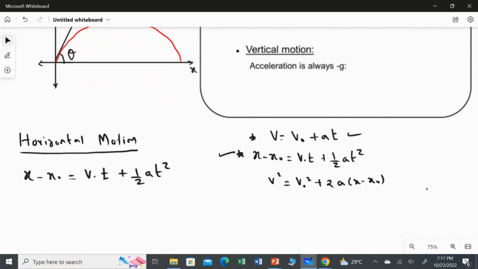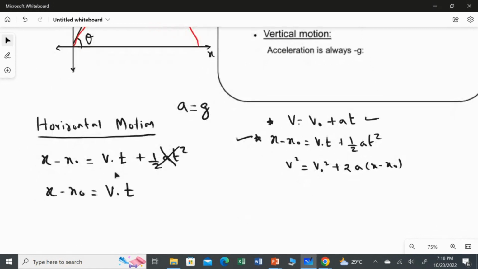As we mentioned already, the acceleration is considered to be free fall acceleration, therefore a equals g. But we are just going to consider the horizontal motion. There will be no acceleration in the x-axis, therefore this part will be discarded. So the equation becomes x minus x0 equals v0 multiplied by t.